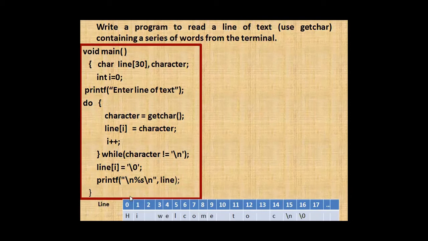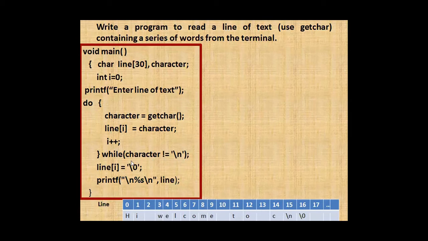What value have we given? "Hi, welcome to C." The first time, getchar gets the first character, H. It reads H and assigns it to line of 0. Now we increment i and check whether the character is not equal to new line.